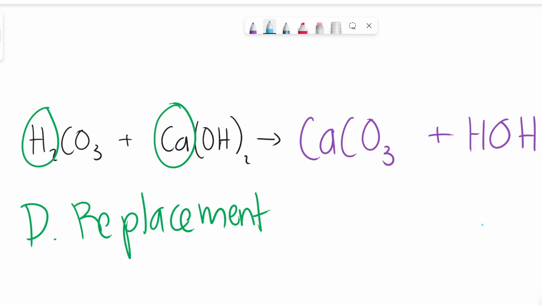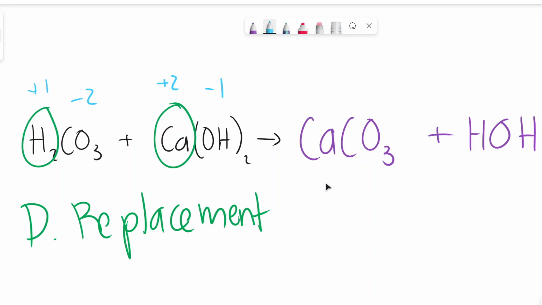Now we're going to be looking at the charges. For calcium, if we were to uncrisscross the charges here, we'd find that calcium is +2 and hydroxide is -1. For carbonate here, it'd be -2, and for hydrogen, it'd be +1. Now we look at the same thing over here.